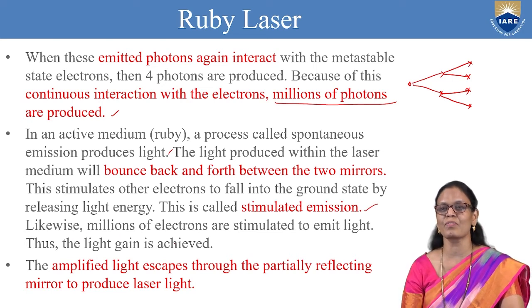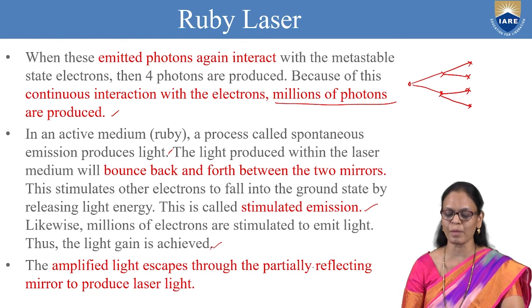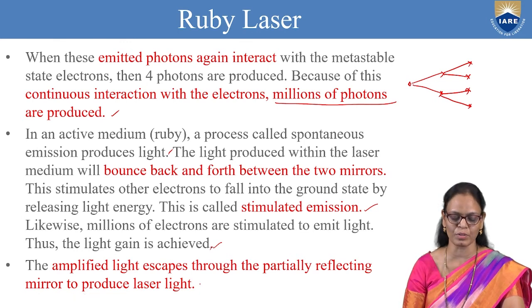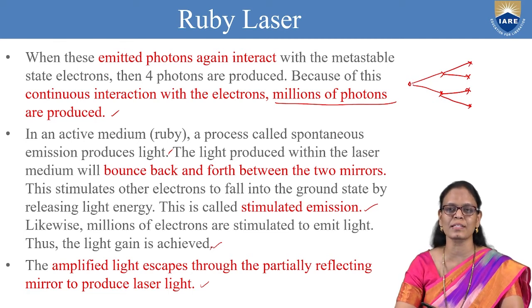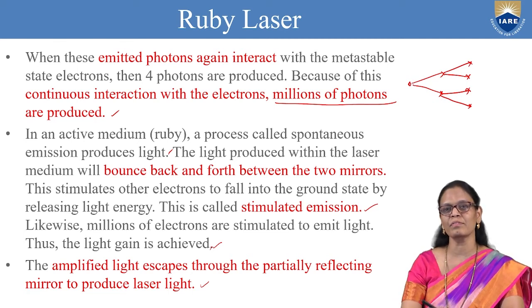And millions of electrons are stimulated to emit light, and then light gain is achieved. And this amplified light will escape through the partially reflecting mirror to produce the laser light. So the entire phenomenon, in general, we have discussed.